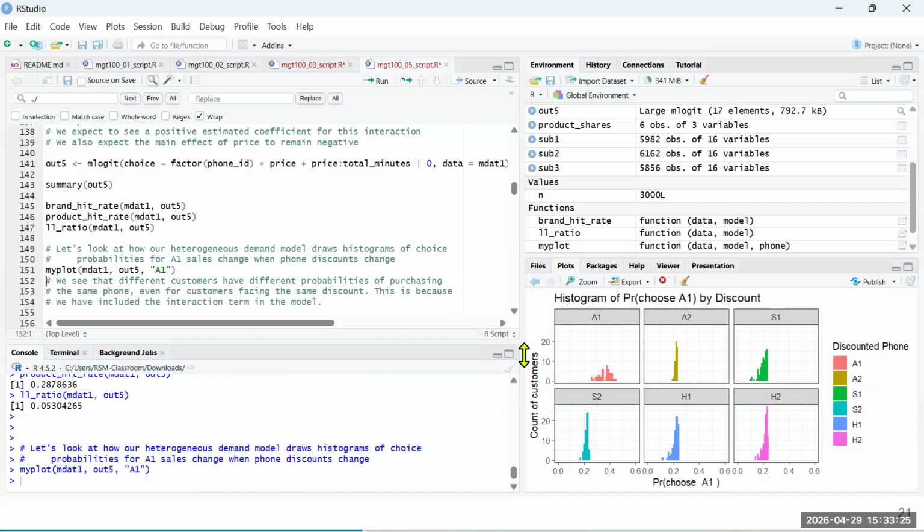And then let's take a look. Now, instead of A1 having those degenerate choice probabilities when each of the 6 phones is on discount, now we get real distributions of choice probabilities across people.